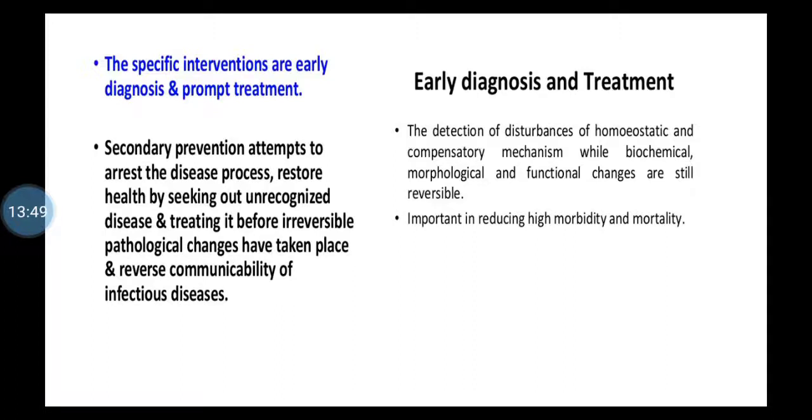Now here in secondary prevention, the objective is to arrest the disease process, restore health by seeking out unrecognized disease and treating it before irreversible pathological changes have taken place, and to reverse communicability of infectious disease, isn't it?